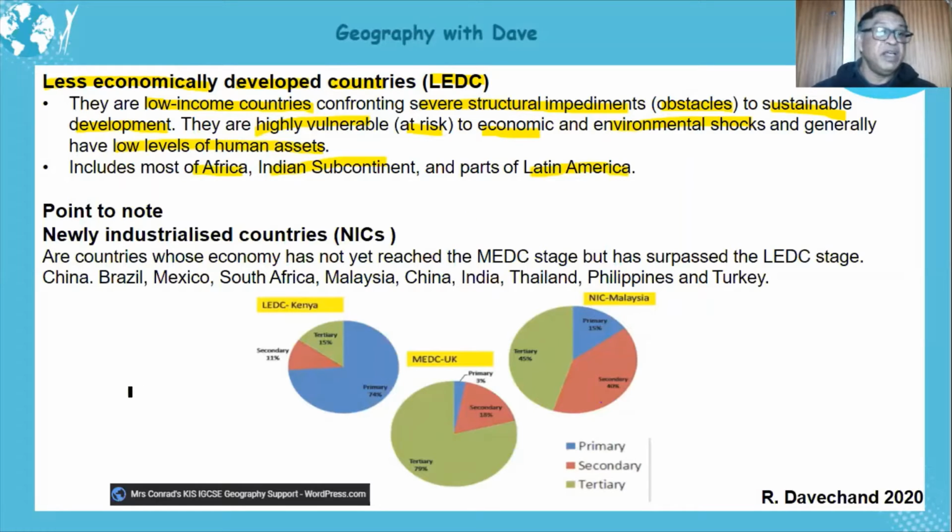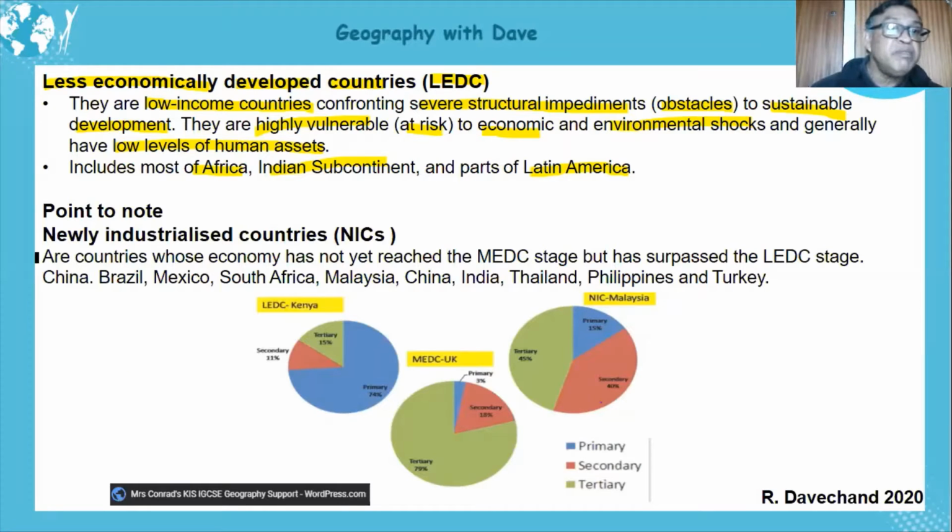All right, a point to note, learners, very important, because not everyone is an LEDC or everyone is an MEDC. There is something else that has popped up now, these industrial giants. Although they still have poverty and not everybody is educated, they're coming up.